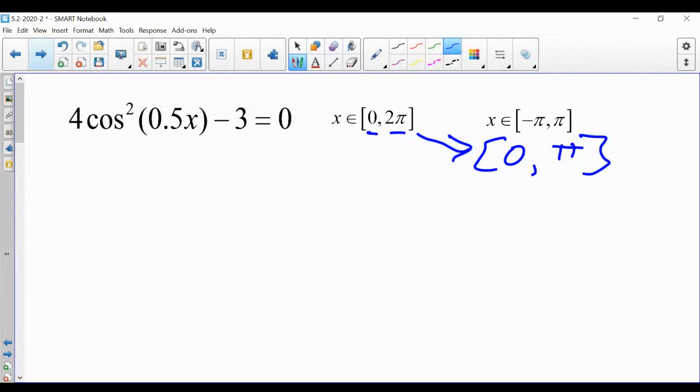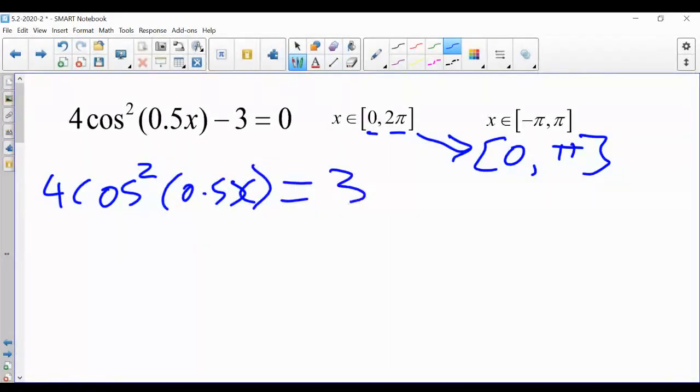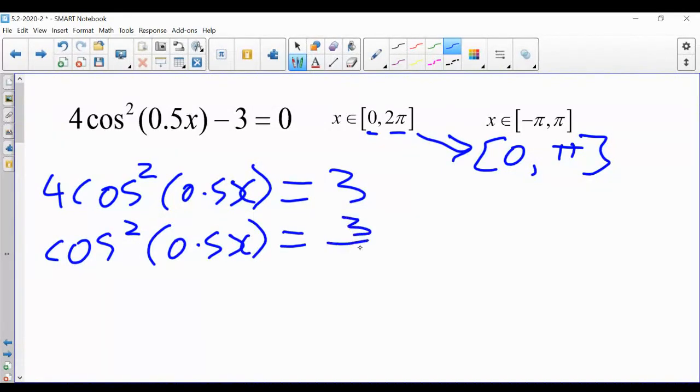Okay, so let's just treat it as if that was not the case yet. We'll just go through all the steps you normally go through, which is to take the 4 cosine squared of a half x and set that equal to 3. And then let us divide both sides by 4. Cos squared 0.5x is equal to 3 over 4. I'm just going through the normal algebra, nothing fancy here.